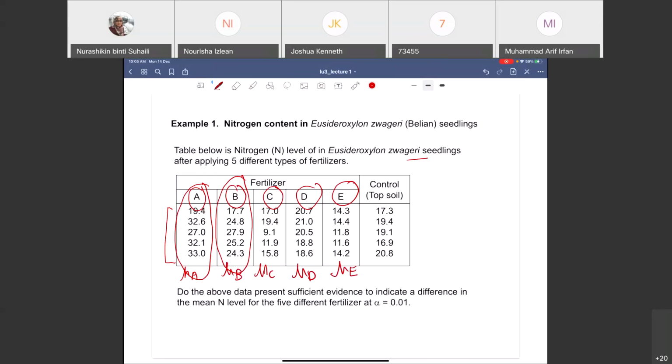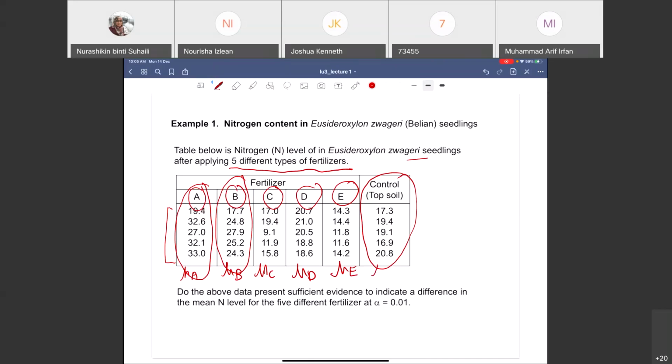And here we also have another sample, because we want to know how those fertilizers compare with the control. So this is a bit tricky. It is stated in the question that there are 5 different fertilizers, but actually the number of samples is not 5, it's 6, because this is the thing that you want to compare with the rest as well.